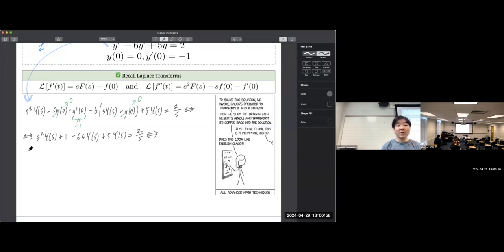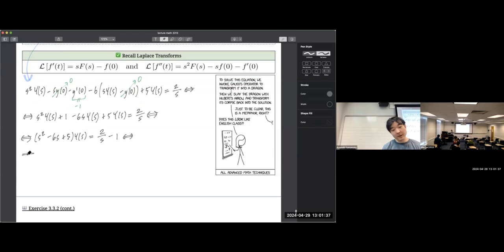So I'm going to consolidate all my Y of s on the left. I'll notice that there's an s squared, a minus 6s and a plus 5, which are all attached to the Y of s. This one is the only thing that doesn't have a Y of s, so I'll move that to the other side. And so you'll just have 2 over s minus 1. I guess if you wanted to, you could just multiply everything by s to get rid of this fraction.